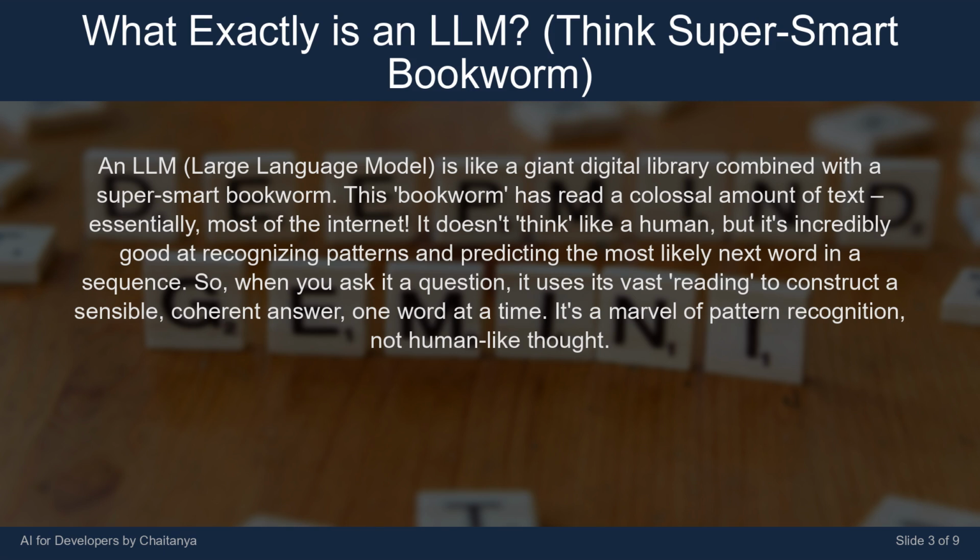It doesn't think like a human, but it's incredibly good at recognizing patterns and predicting the most likely next word in a sequence. So, when you ask it a question, it uses its vast reading to construct a sensible, coherent answer, one word at a time. It's a marvel of pattern recognition, not human-like thought.